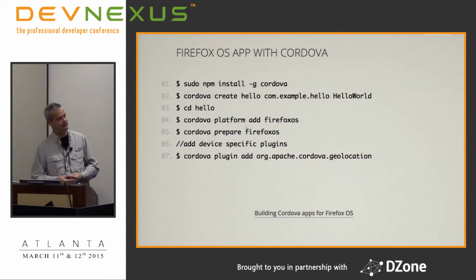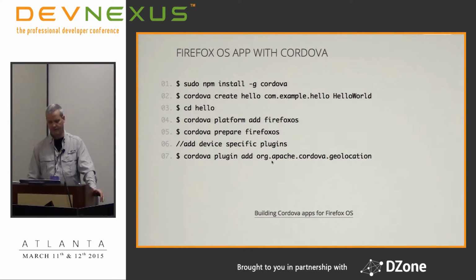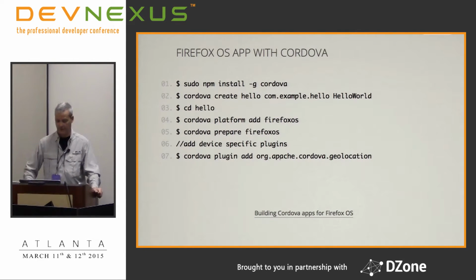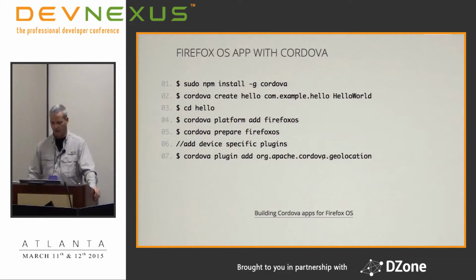In this case, we've added Firefox OS. And in our example, all you have to do is run a prepare statement. If you're using the other ones, you have to also do a compilation step. We don't have that one. And then you can add specific plugins. So if you're going to use geolocation, you just say plugin add, and you specify the plugin name for whatever feature plugin you want to use. And we wrote an article about it. You can check it out on our Hacks blog.